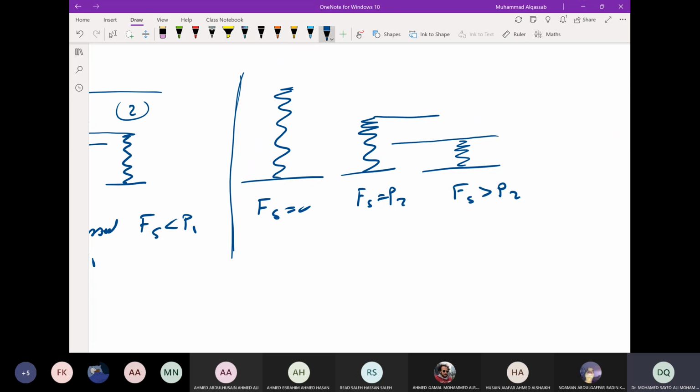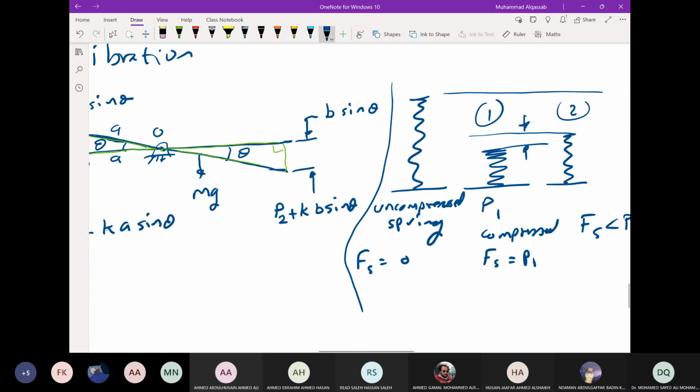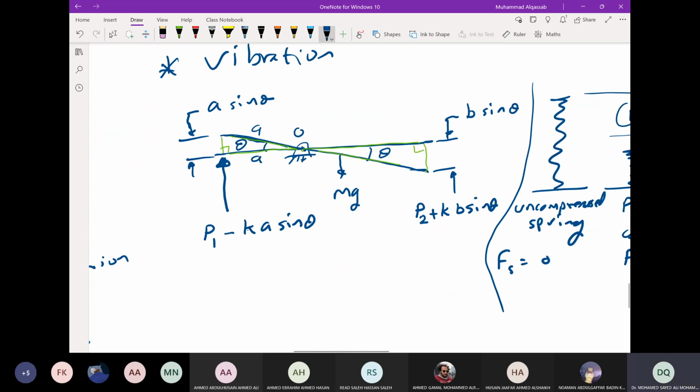Then we have to calculate this distance, or we know this distance, multiplied by K. So this distance X multiplied by K is the additional force in the spring to be added to P2. Okay, so this is the free body diagram.